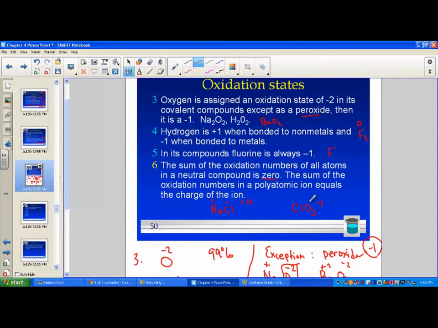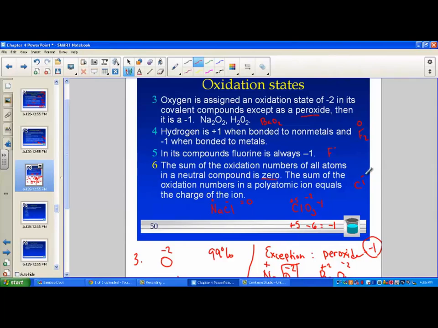Rule number 3, oxygen is always assigned a -2. Always, always, unless it's a peroxide, and this is not. So the total negative of 3 units here, 3 times -2, is -6. What must the oxidation number on the chlorine be so that when I sum the two numbers together, I get a -1? What, when added to -6, brings me to -1? Well, it's a +5, isn't it? The oxidation state on chlorine in this polyatomic ion called chlorate is +5.